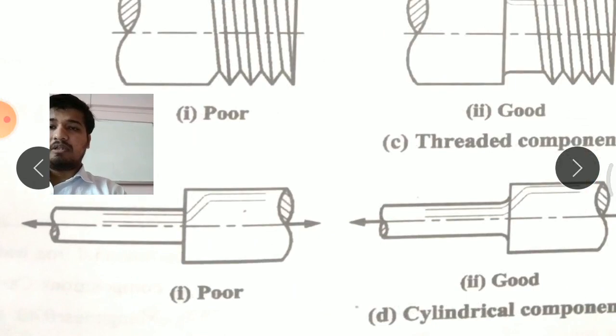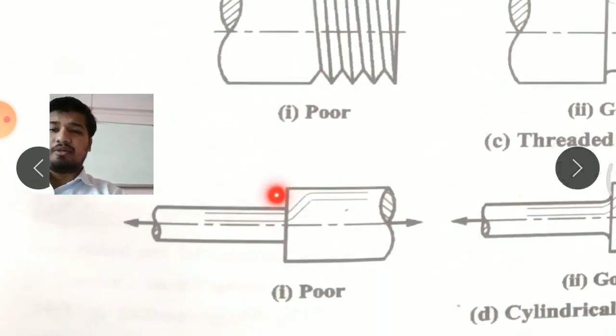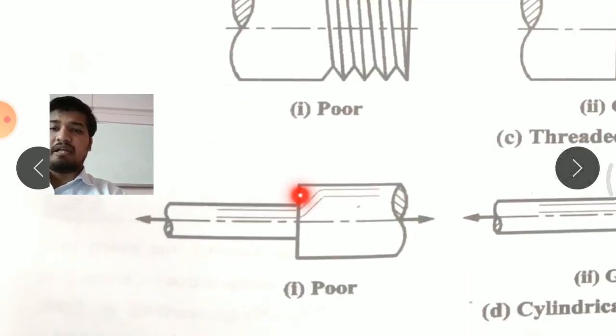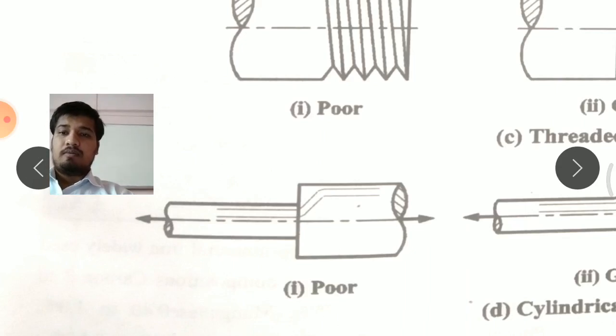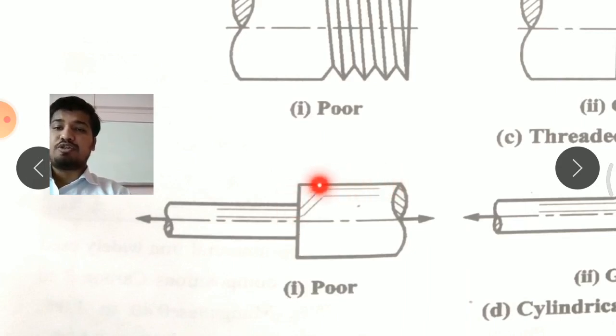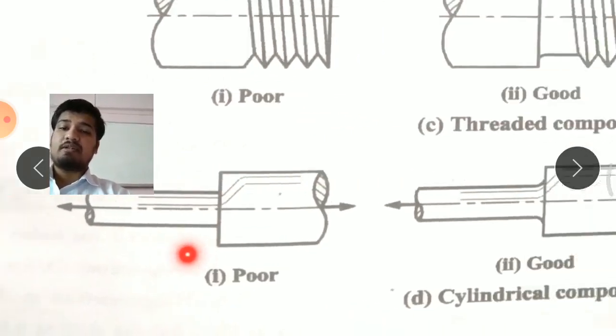The sudden change in shape is manufactured at this plane, and due to the sudden change in the manufactured section, the stress is not evenly distributed throughout the section, and so we call it a poor one.